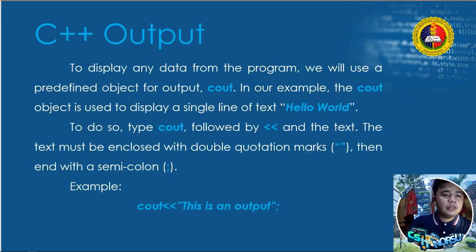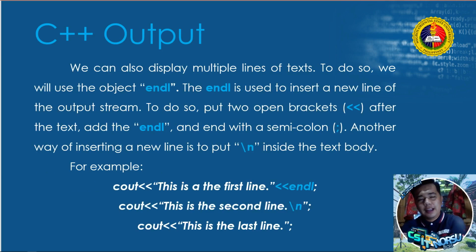So what if we are going to add multiple lines of text? How do we do that? In our example a while ago, we only used a single line of text. So this time, let's try to create multiple lines of text. To do so, we will use another object called endl. The endl is used to insert a new line in the output stream.